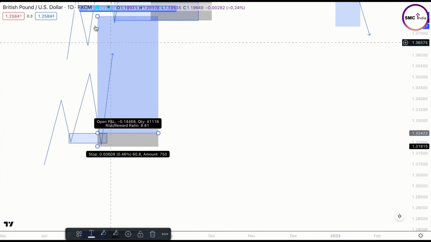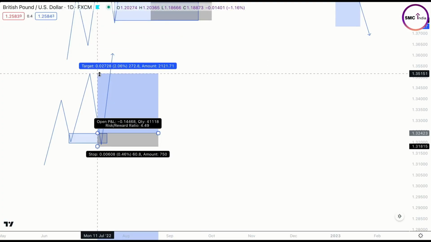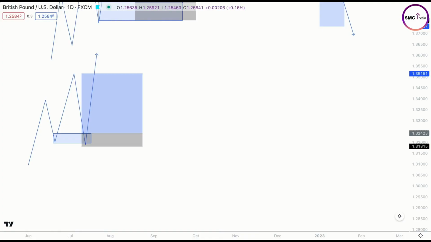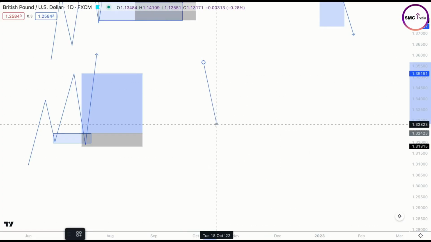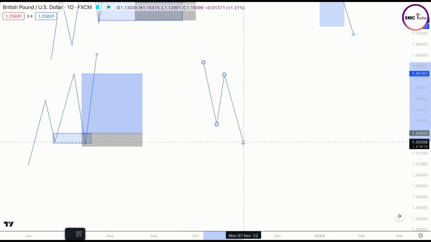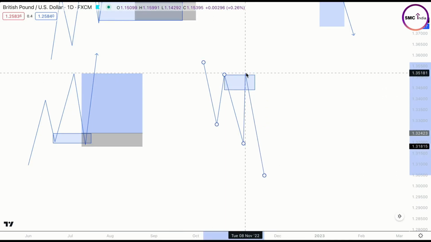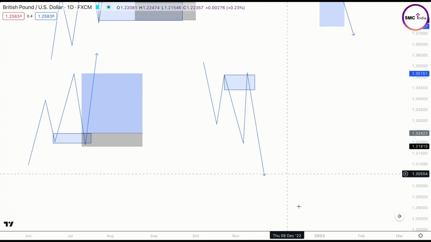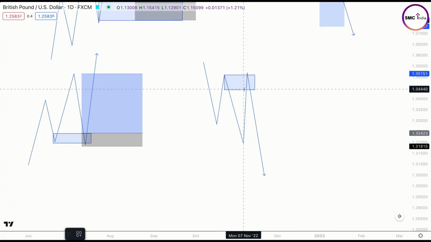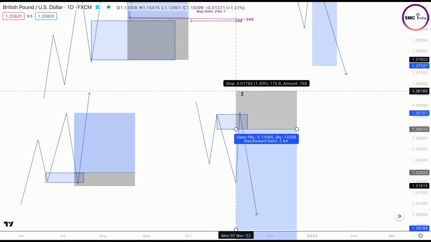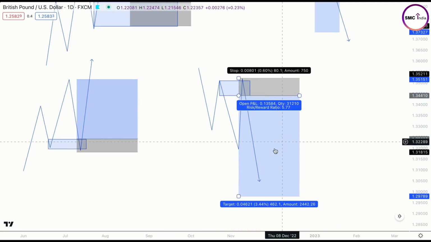You leave some space for your stop loss. Same is the case for a sell order. Whenever you see an order block here, you don't place your stop loss too tight. Instead, you give some space around this order block.